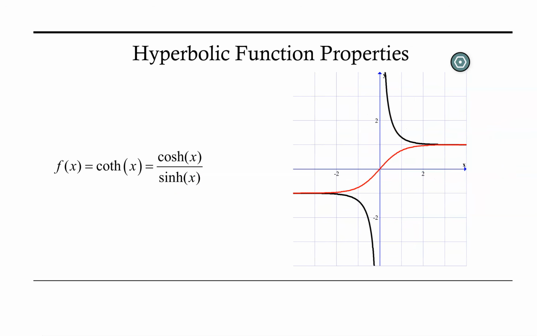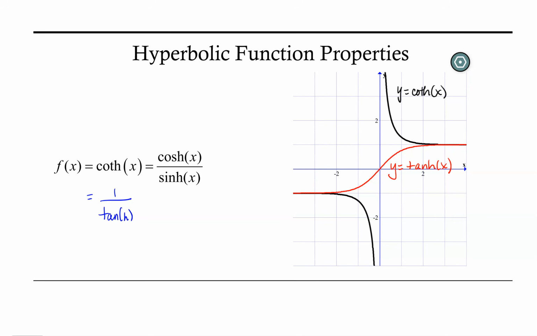Lastly, we have coth. Coth is the hyperbolic cotangent. It is the ratio of cosh and sinh. It is also the reciprocal of tanh. So over here on our graph, we see that we have y equals tanh of x in red, and then our y equals coth, or the hyperbolic cotangent of x, in black.